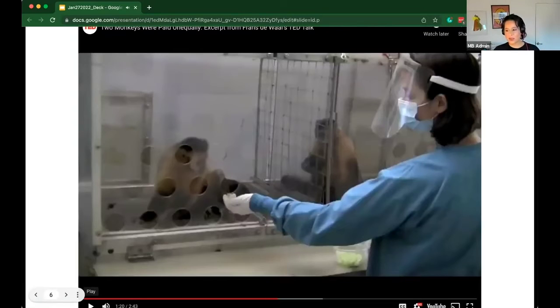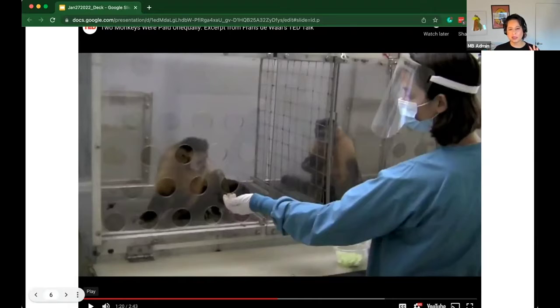Okay, so here's the context. This is a really, really famous video of a researcher who studies fairness. And in this experiment, what you're going to see are two capuchin monkeys. And the monkeys, they love grapes. A reward for something well done is grapes.